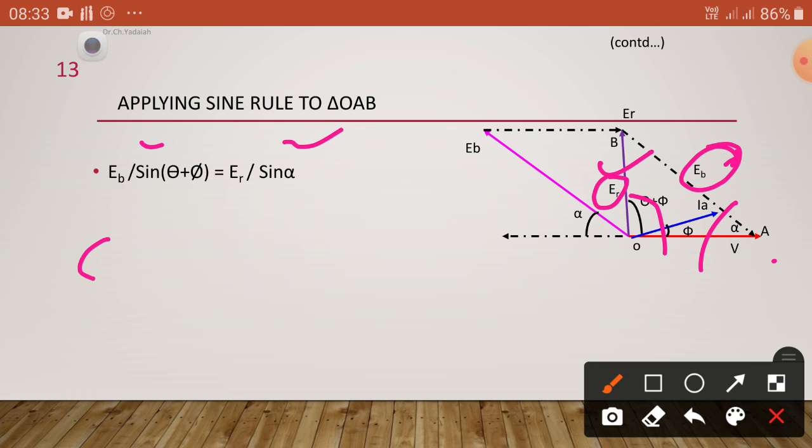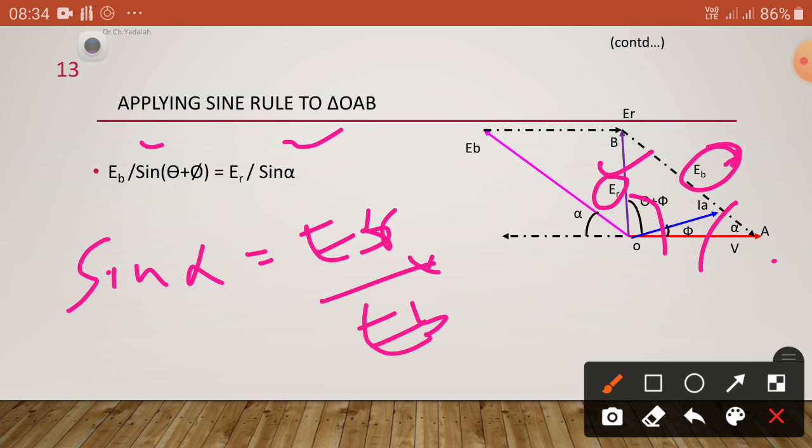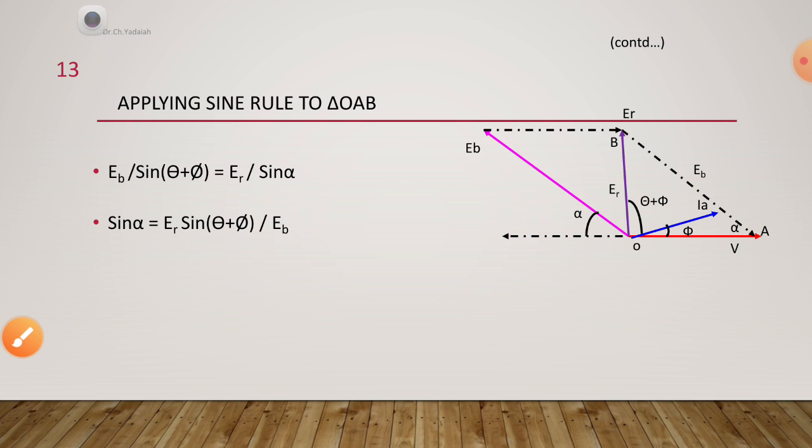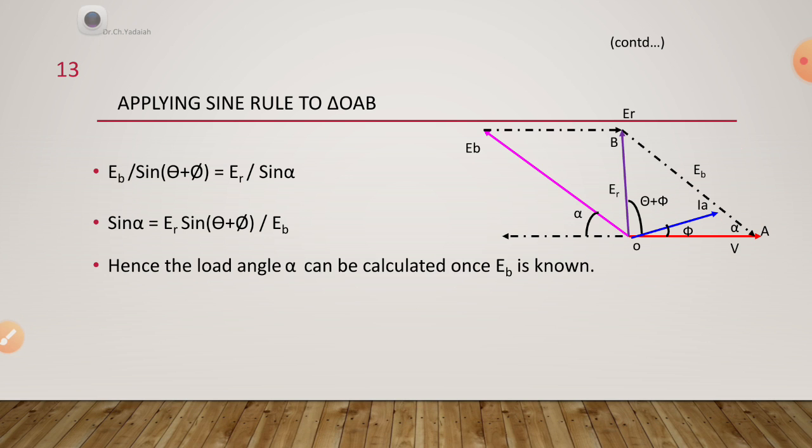I want sine alpha, so sine alpha is equal to ER by EB into sine of theta plus phi. That is the formula we get. Hence, the load angle alpha can be calculated once EB is known. So this is the analysis.